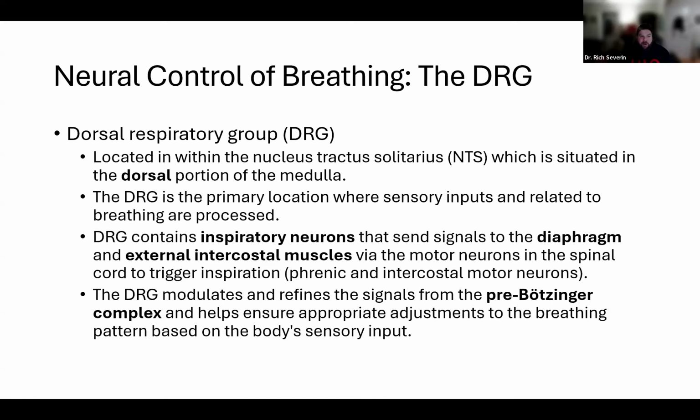We'll talk about where it goes down to. So the DRG is the main sensory integration center, where it receives all the sensory inputs and then processes them into a motor output. You can think of it as the signal receiver in a certain sense.